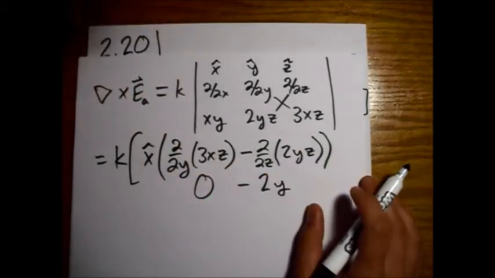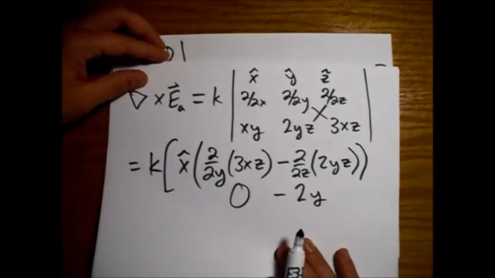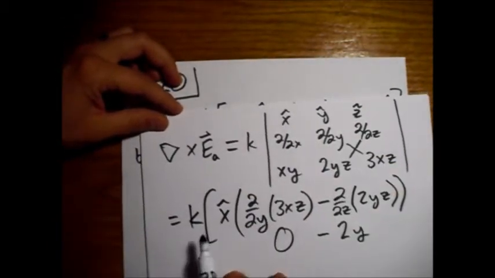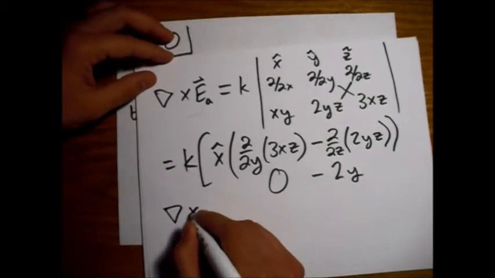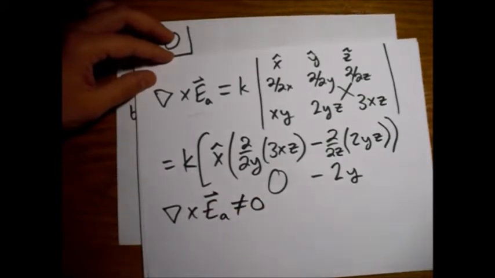So already we have this term that does not go to 0, and we know since the x component of this curl that we're taking does not go to 0, then because the three directions are independent, the curl itself cannot go to 0, and the curl of E_A does not equal 0.